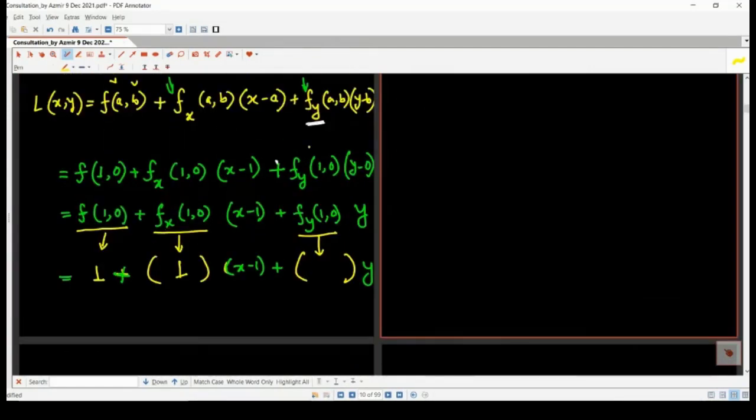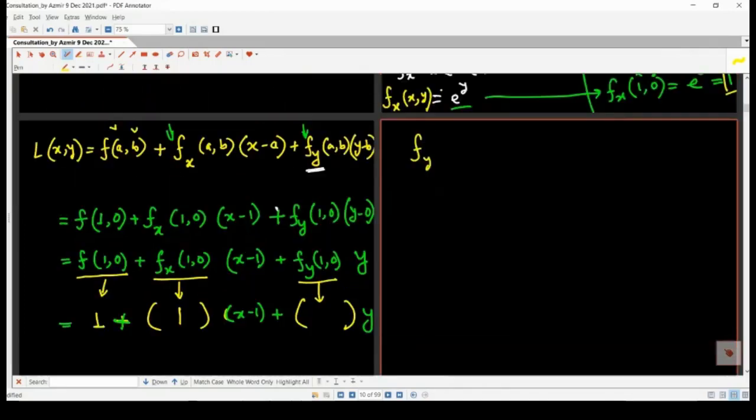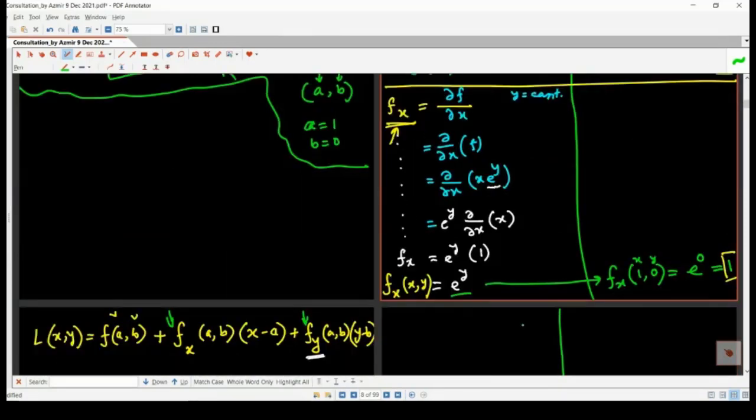We need to find now what is f sub y at 1 comma 0. That means we have to find f sub y now. So let me do this one again. We are going to find f sub y.